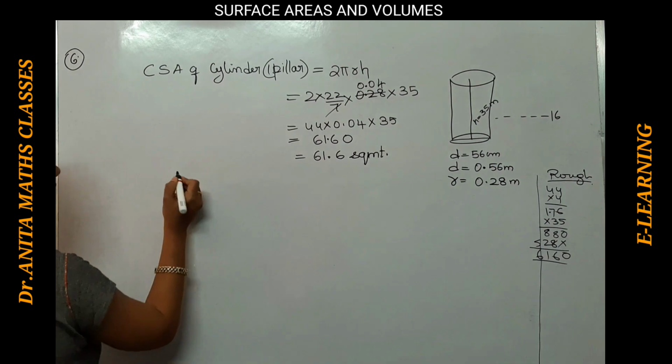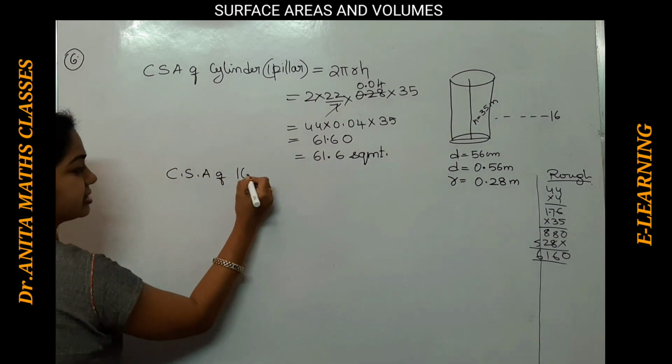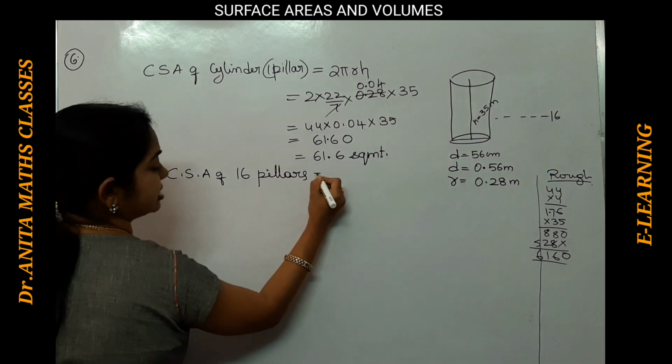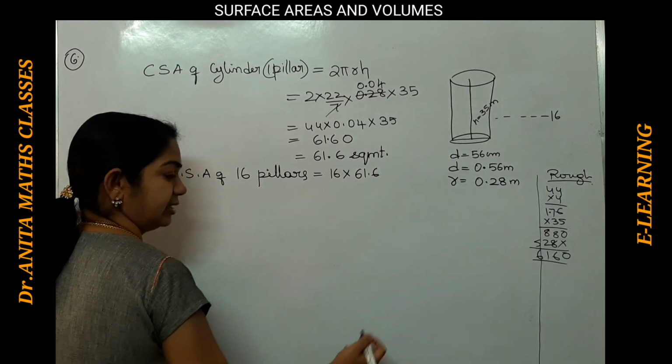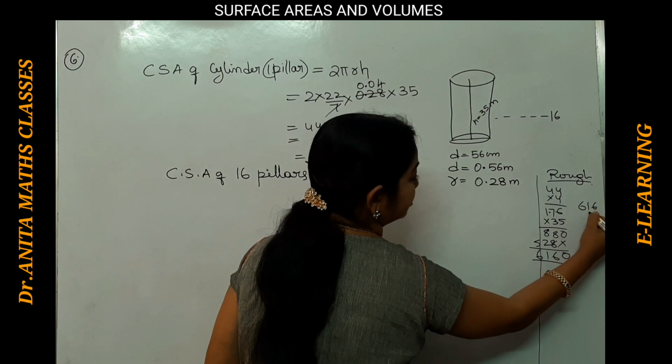Now we will find the CSA of 16 pillars. That is just multiplying 16 into 61.6. Here we will do 616 into 16.